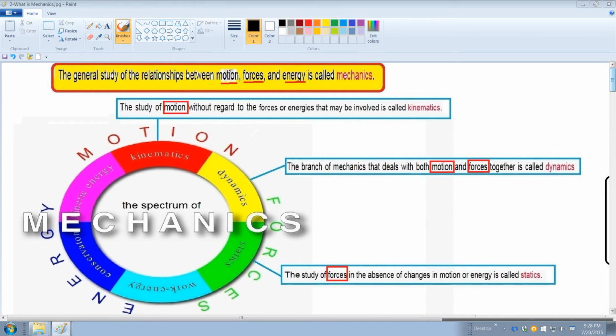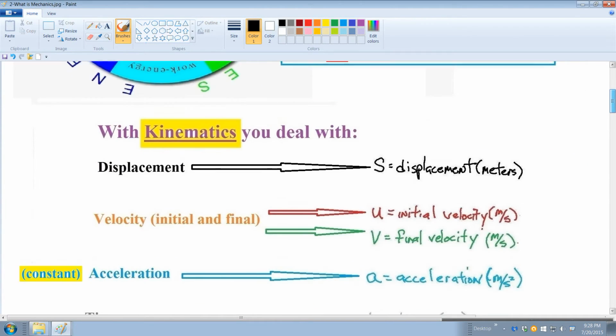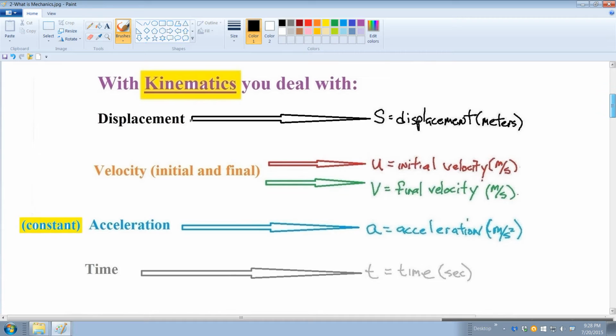Okay, so if we're talking about kinematics, what are we dealing with as far as parameters, as far as measures? We're dealing with the SUVAT. We're dealing with displacement. We're dealing with velocity, initial and final. And we're dealing with acceleration, constant.